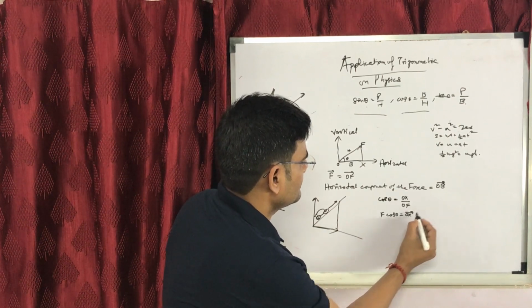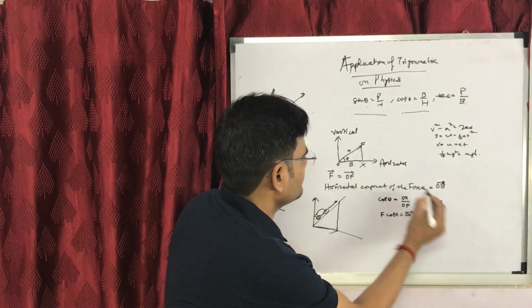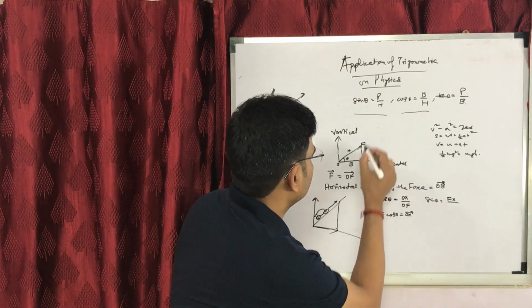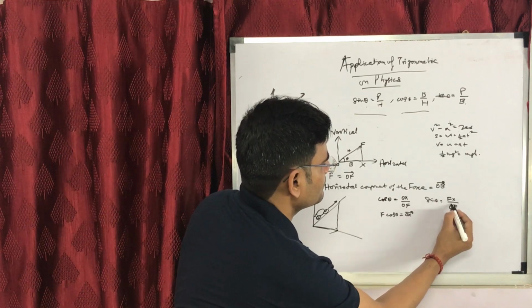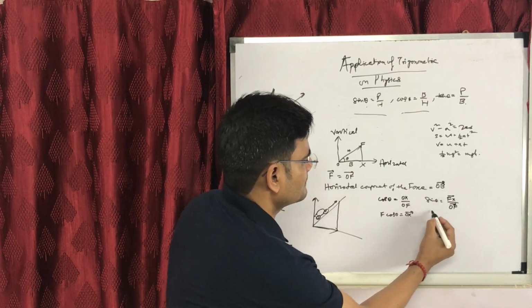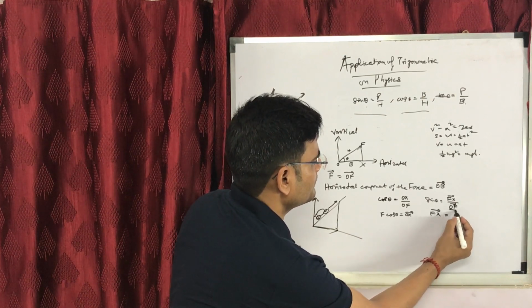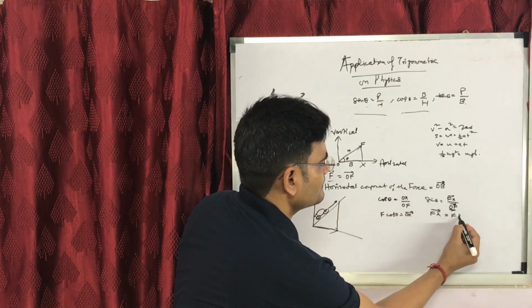And similarly, if you apply sin theta, it is Fx by OF. See, I am doing it slowly so that you understand this. OF is force, so F sin theta.